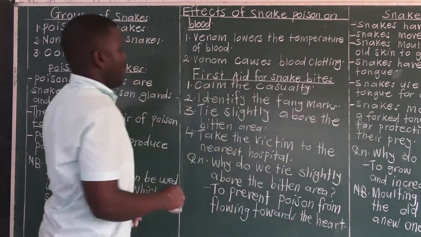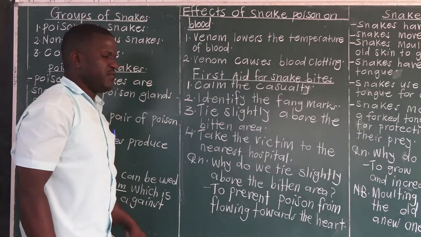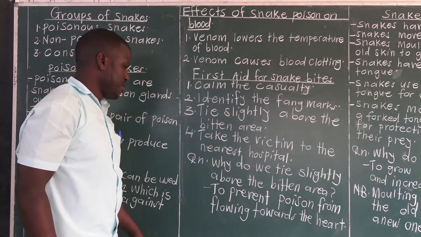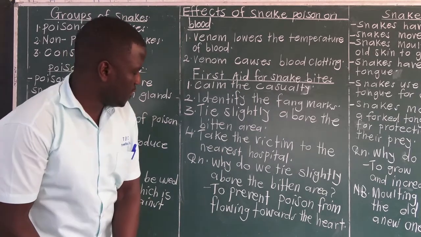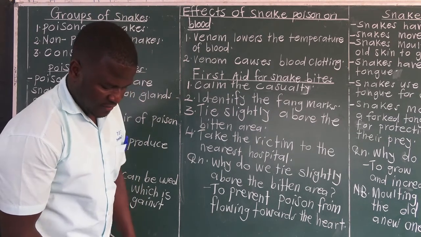That's why you are advised to tie slightly above the bitten area to prevent poison from flowing towards the heart.